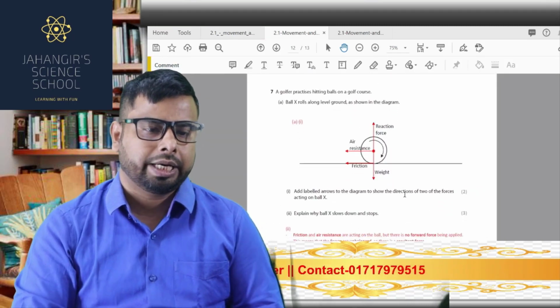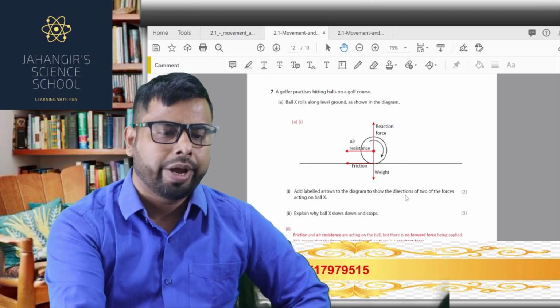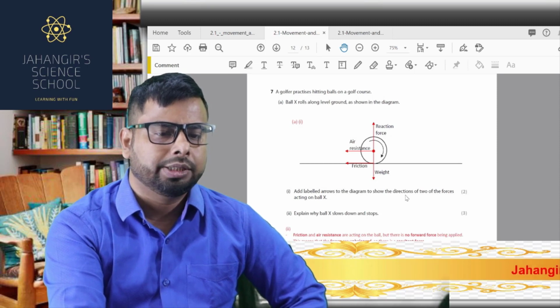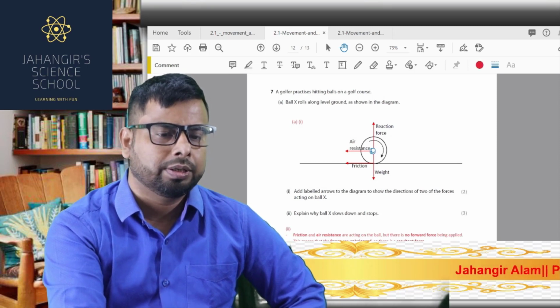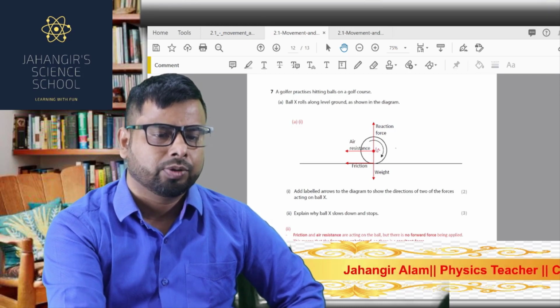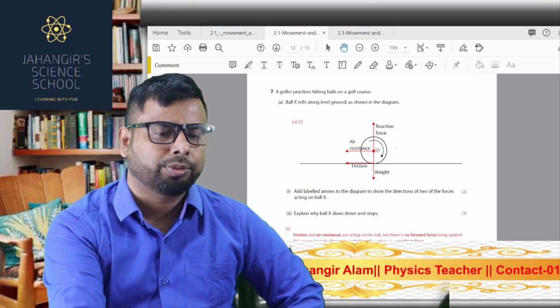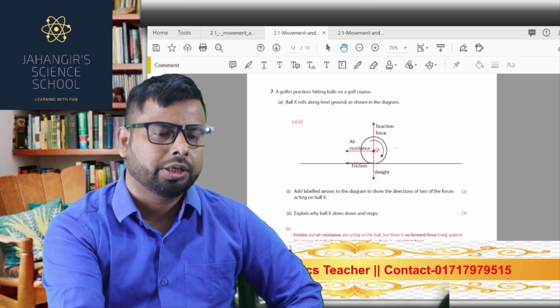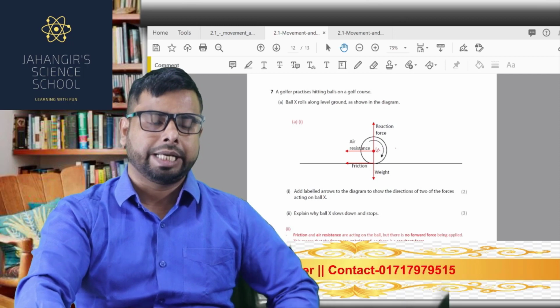Two forces here. Remember weight. Here the center of gravity of the spherical ball is downwards from the middle point. So remember, weight acts from the center of gravity.